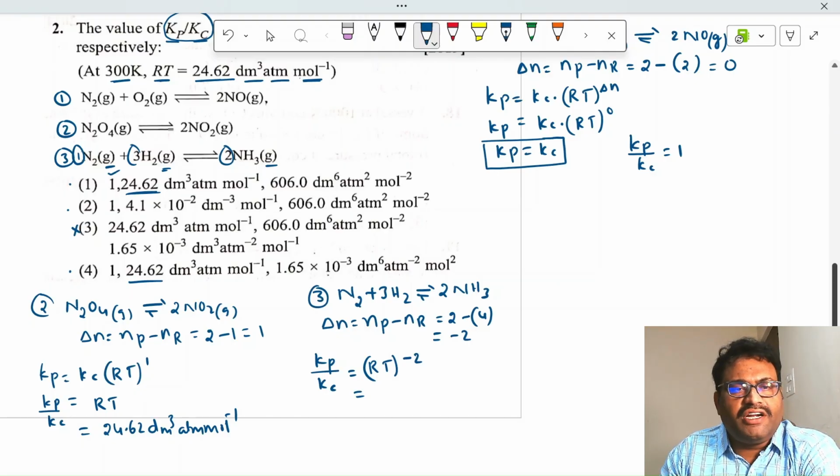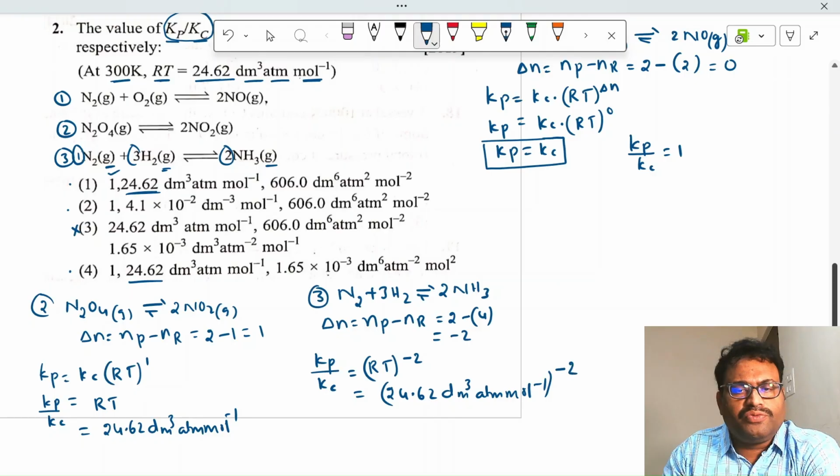Then if you calculate, the RT value is already given, 24.62 decimeter cube atmosphere per mole. Okay, this is already mentioned. Power minus 2, that means squaring.